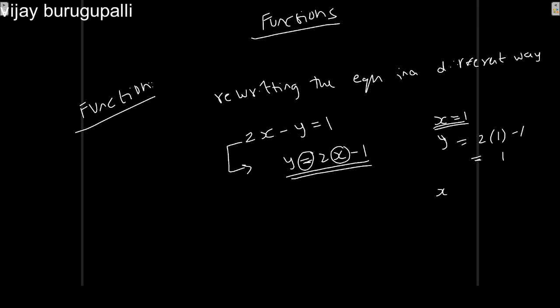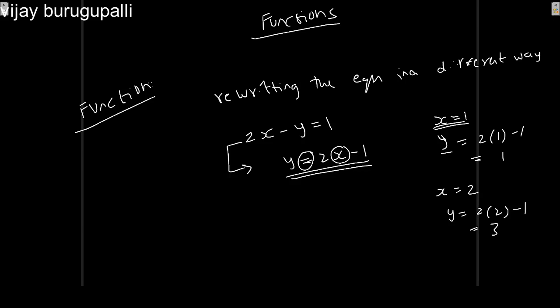If the value of x is 2, then the value of y is 2 into 2 minus 1, which is nothing but 3. In this case we are getting a different value for y, which is y is equal to 3. That means the value of y is constantly changing for every value of x.